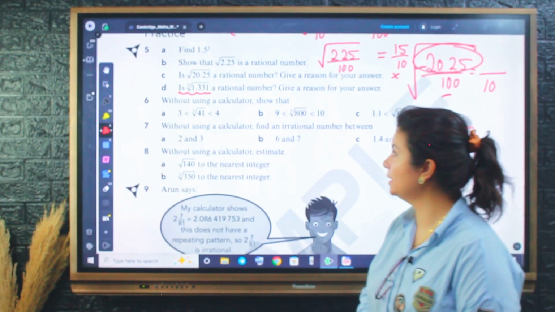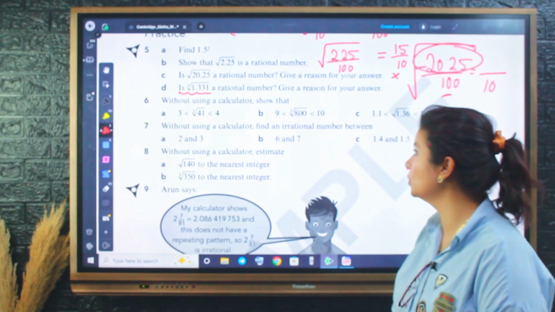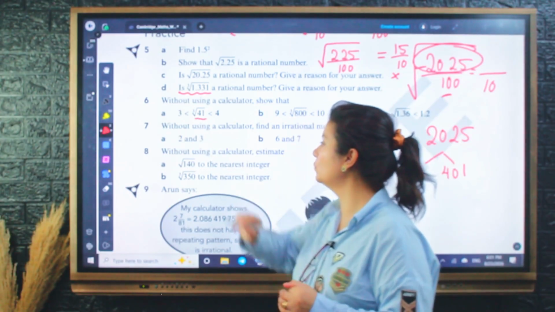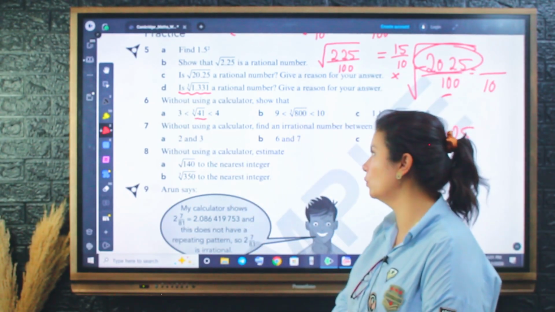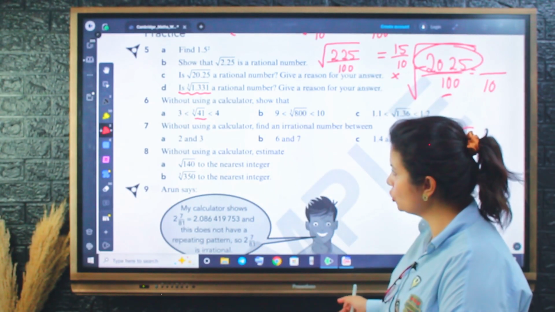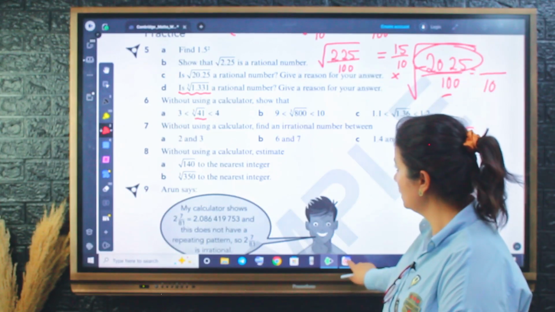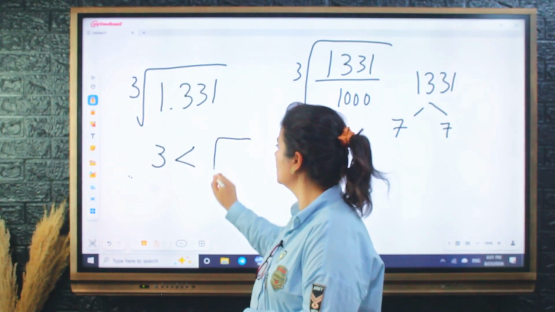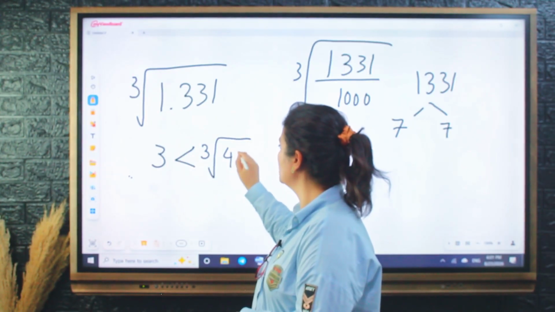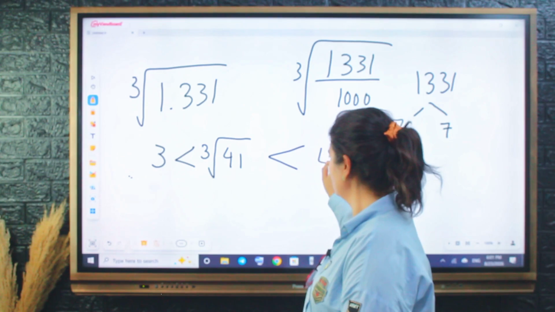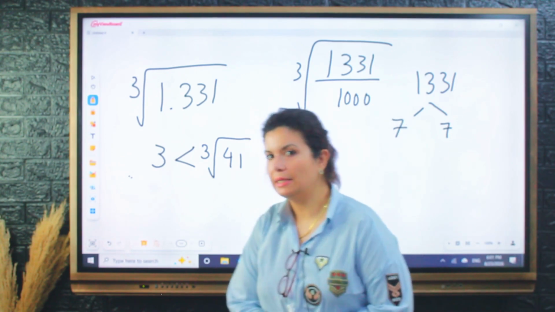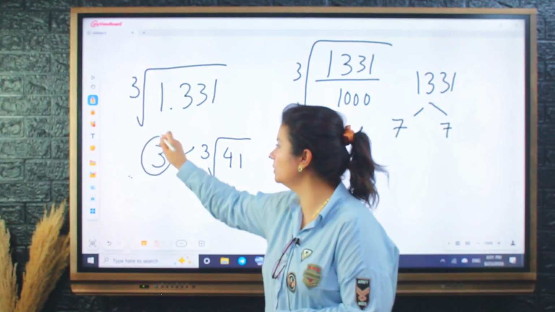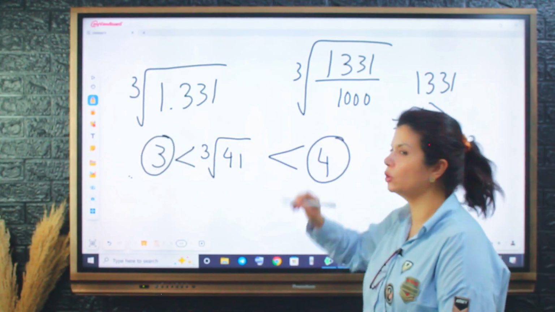Okay, let's see here. Without using a calculator, show that the cubic root of 41 is between 3 and 4. Let's see how to take it out. 3 is less than the cubic root of 41. Okay, guys, how can I change these numbers into cubic roots?